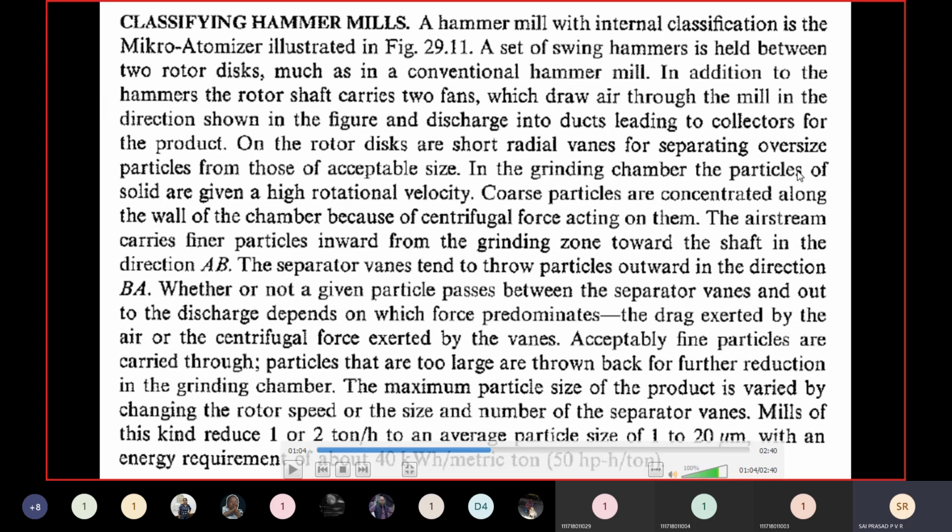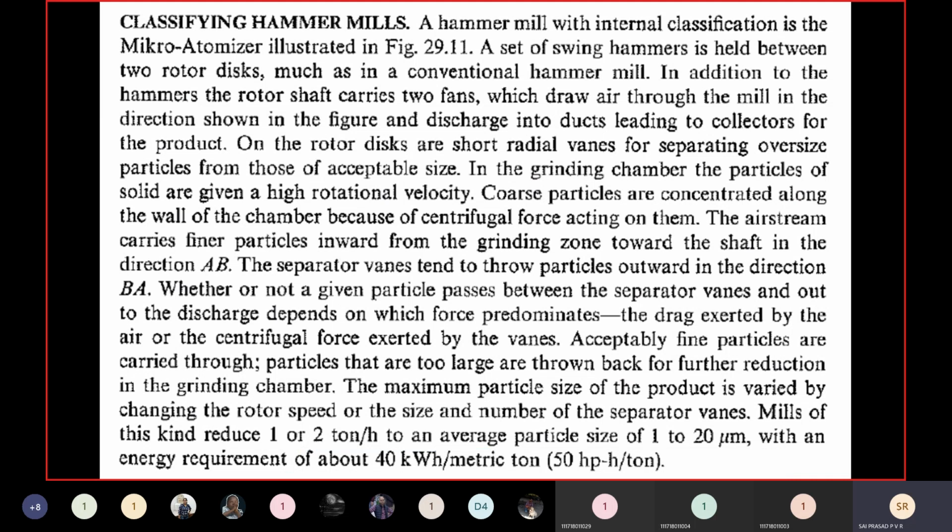In the grinding chamber, the particles move at high rotational velocity. Why high? Because air is blown, so air is continuously moving inside the system, and because of this, solid particles will also move along with the air, and they will be taking the blows of the hammers. Coarse particles are concentrated along the wall of the chamber. What is a coarse particle? Coarse particle here refers to larger size particles.